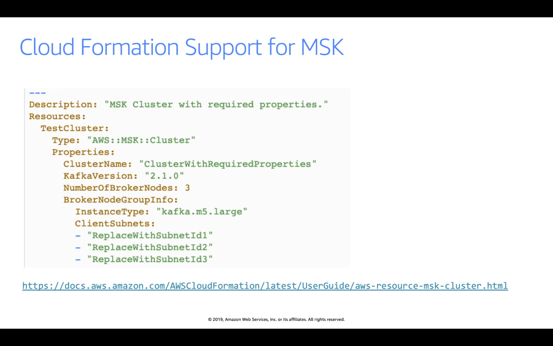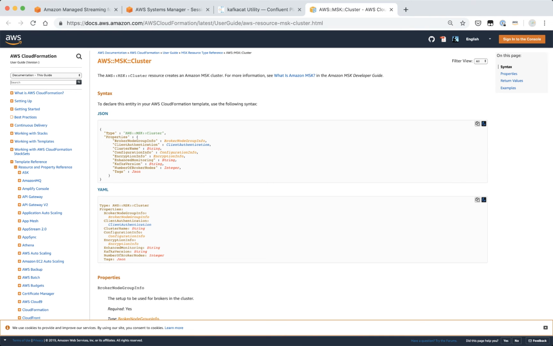The next topic is that you can create a Kafka cluster also using CloudFormation. You can do CloudFormation or CDK with TypeScript, for example, but here in this little demo, I will show you CloudFormation. The documentation is available here. This is also where you get examples.